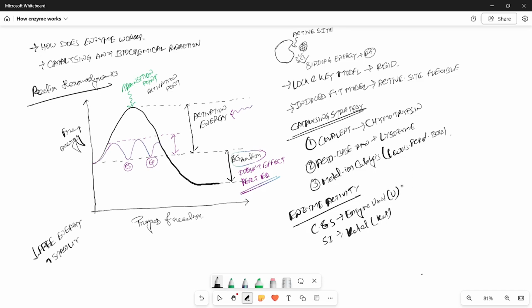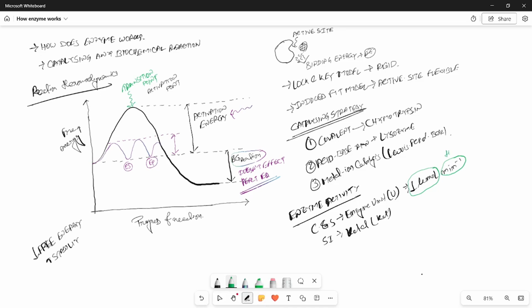This enzyme unit is basically equal to 1 micromole per minute. What does it mean? It signifies the amount of enzyme required to convert 1 micromole of substrate into product in a span of 1 minute of time. I guess this is now clear.